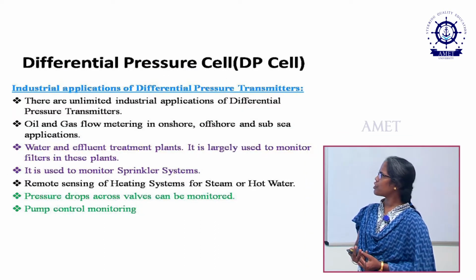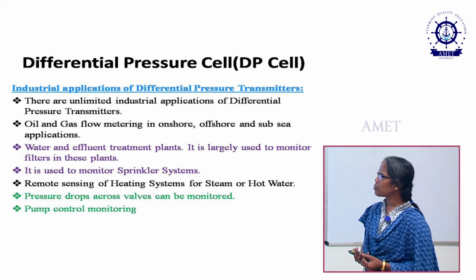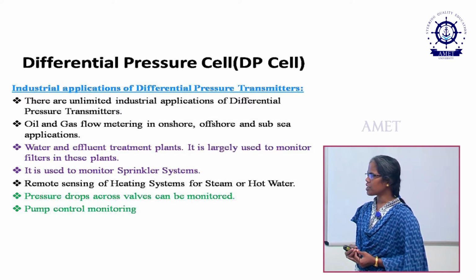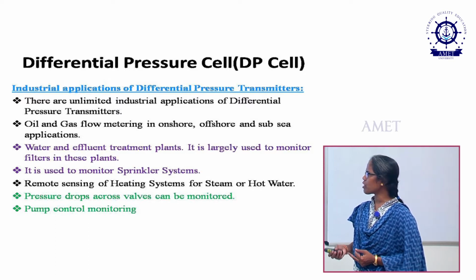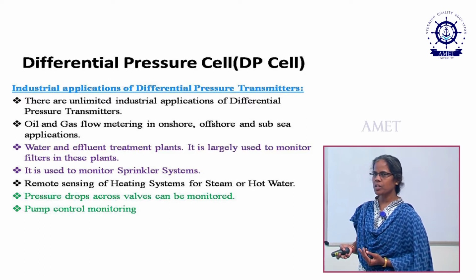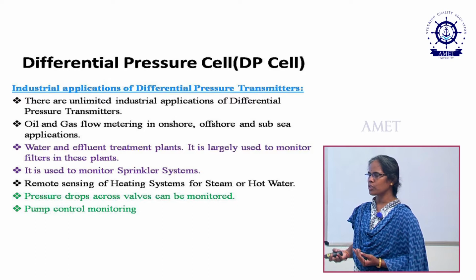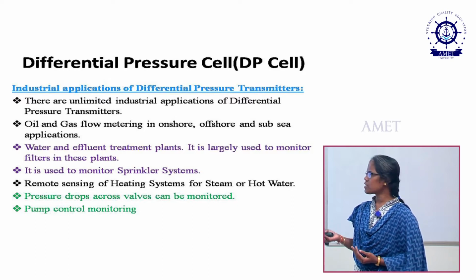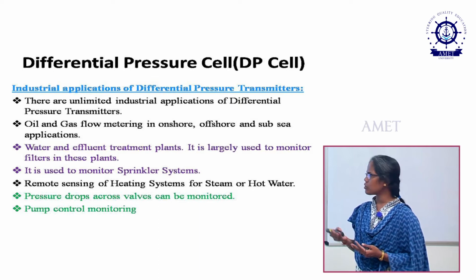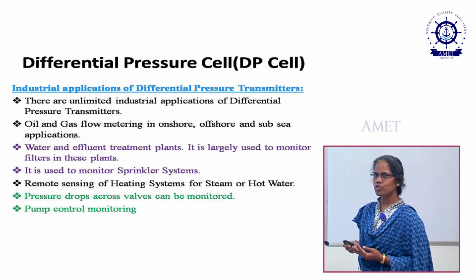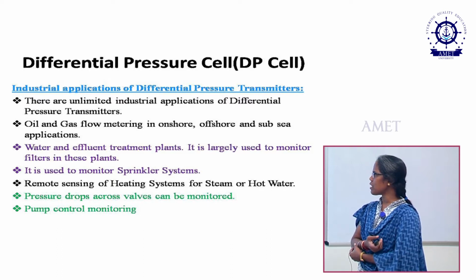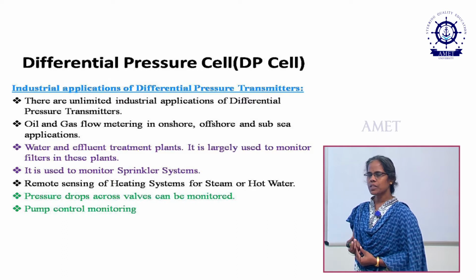Industrial applications of differential pressure transmitters: there are unlimited industrial applications, such as oil and gas flow metering in onshore, offshore and subsea applications. Offshore means sailing conditions, but onshore we also have to use them, and subsea applications are under the water, where we also have to measure pressures. In water and effluent treatment plants, it is largely used to monitor filters.